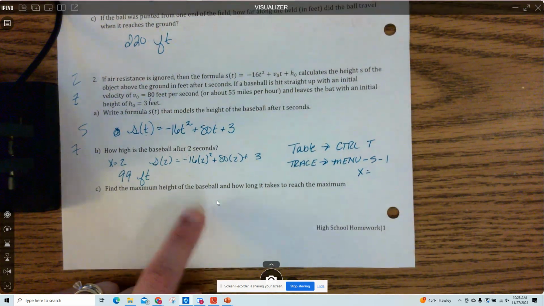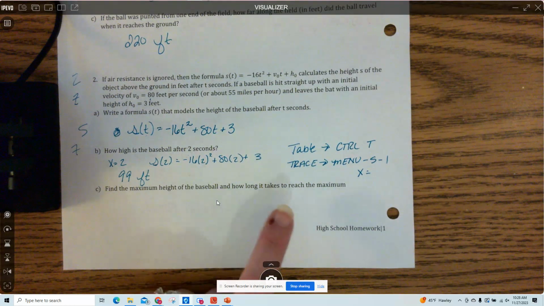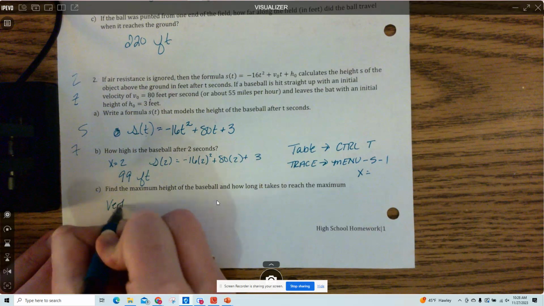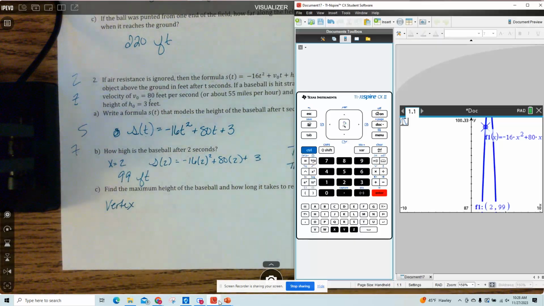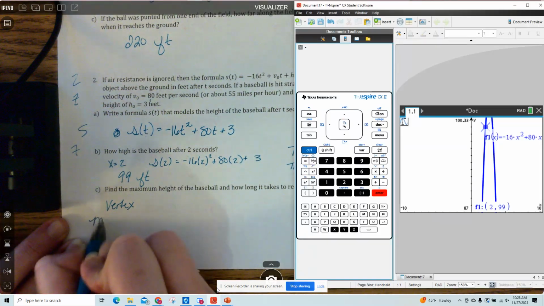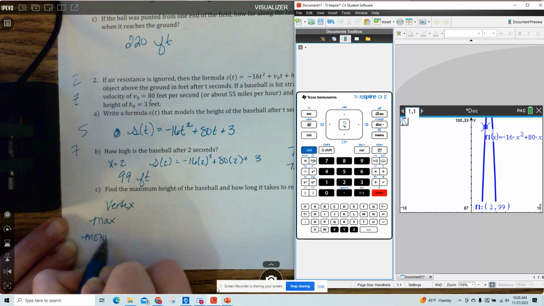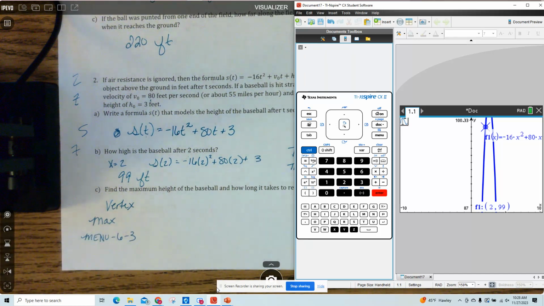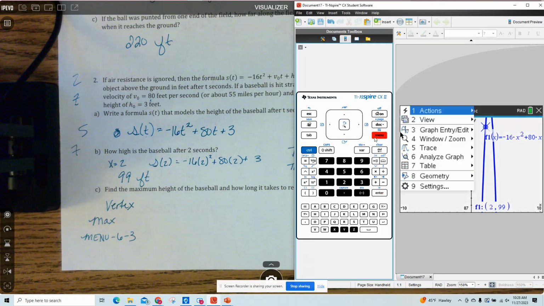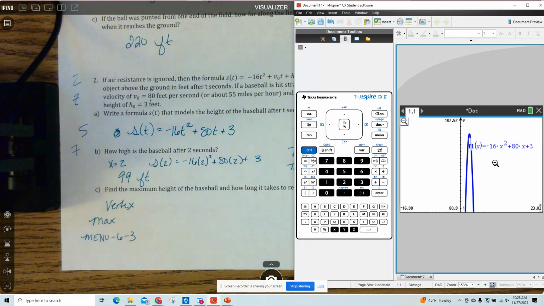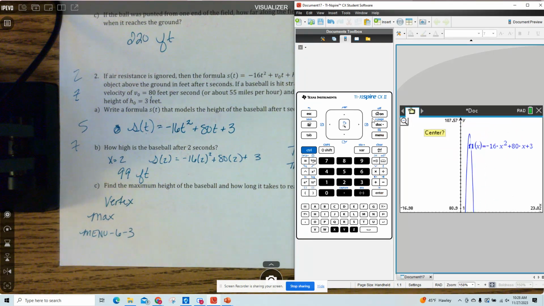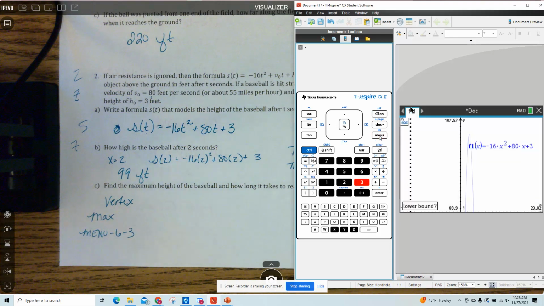All right, find the maximum height of the vertex and how long it takes to reach the maximum. So again, that's the vertex. So to find the vertex, if it's a max, it's menu 6-3. You have to be able to see the vertex. So menu 4-4 zoomed out. You have to be able to see that vertex before you can do this. Menu 6-3.